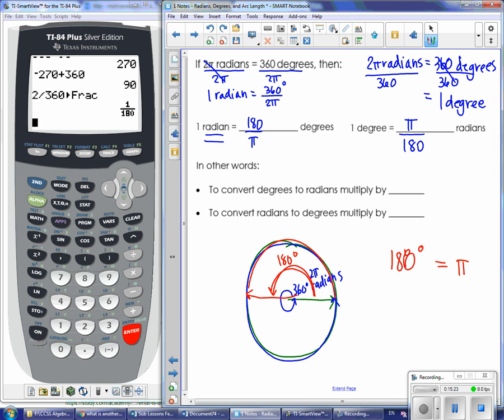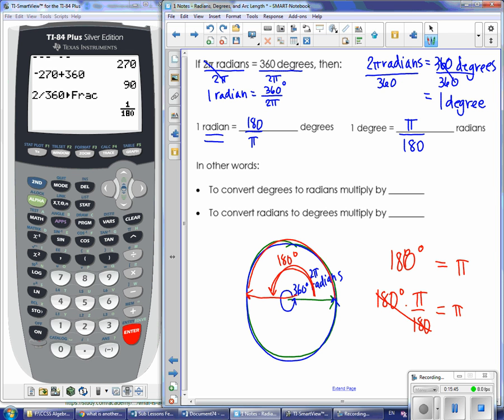So if I think about translating 180 degrees into radians, since my 180 degrees does not have a pi associated with it, I'm going to want to convert by multiplying by pi over 180. When I do that, my 180s are going to cancel, and I'll be left with pi. So that kind of shows you that 180 degrees is equivalent to pi.